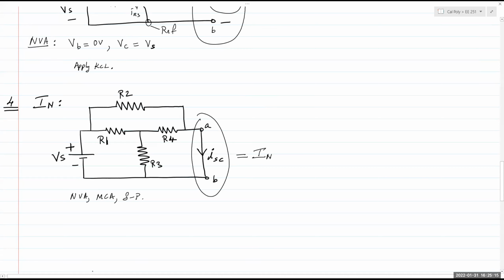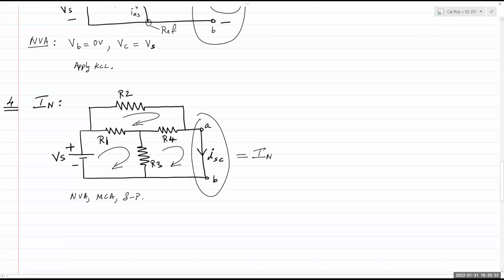I would recommend using mesh current analysis, because if you choose mesh current, let's see, there are 3 meshes, and apply KVL. So there are 3 meshes, there are 3 unknown variables.